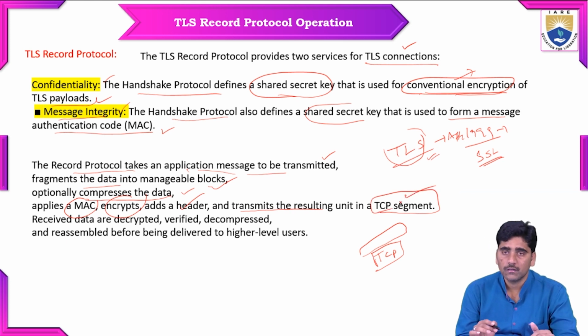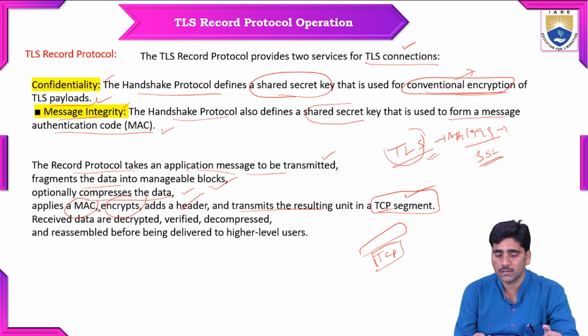So to not lose confidentiality and message integrity, this is applied with the help of the message authentication code and the encryption process, adding headers like encapsulating or authentication headers.